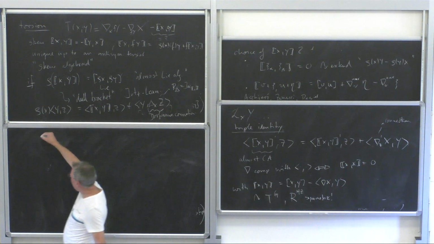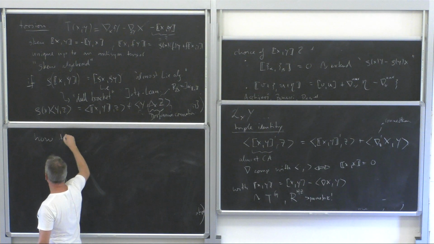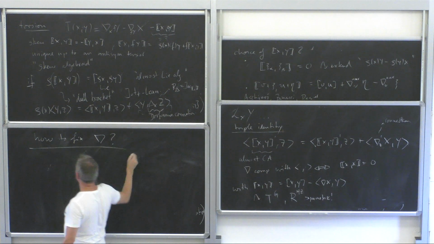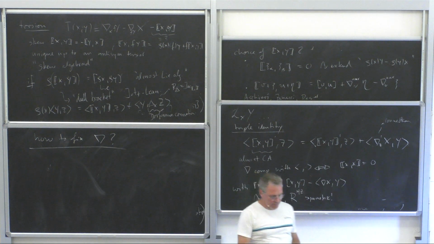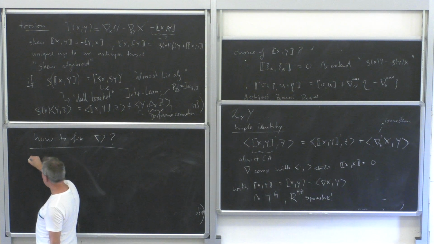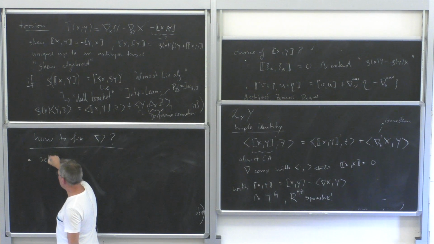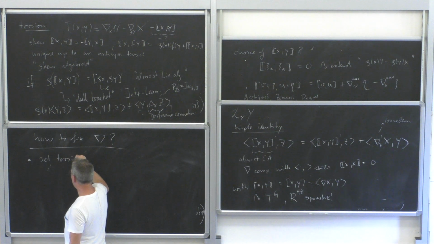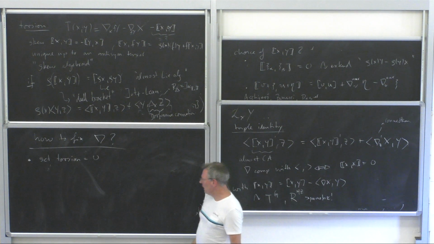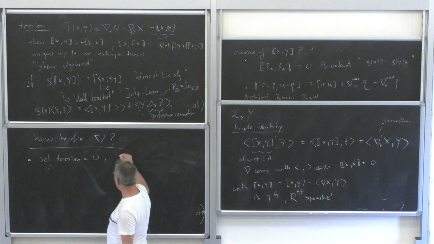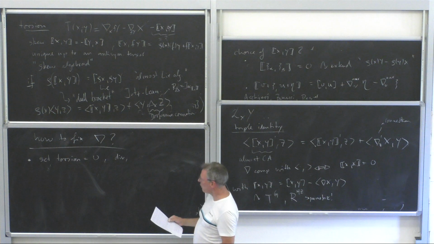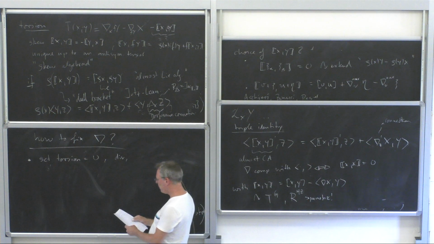But then the main question is how to fix the connection. So the popular approach is the usual one: set torsion, non-metricity, etc. equal to 0, and require compatibility with the divergence that you get from a volume form.